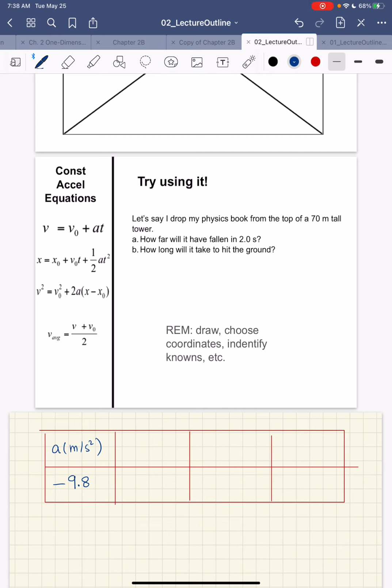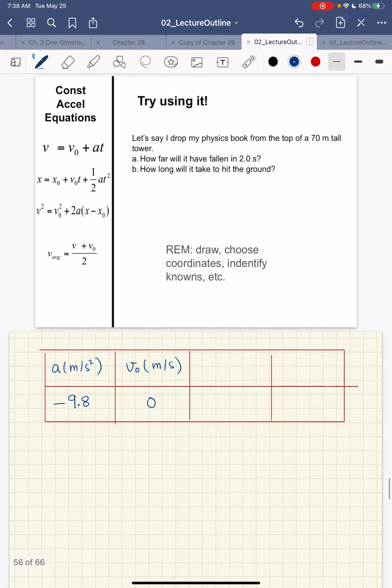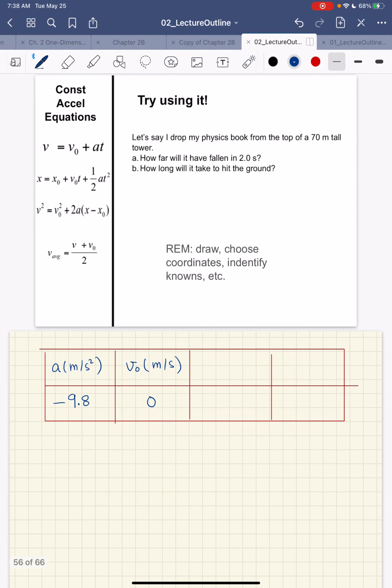Okay, let's say I drop. When I drop, this means that my initial velocity is 0. From the top of a tower that is 70 meters, I am here at the top of this tower, and I have dropped my object.